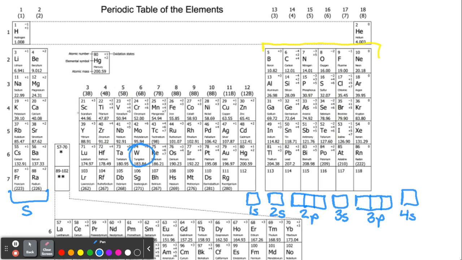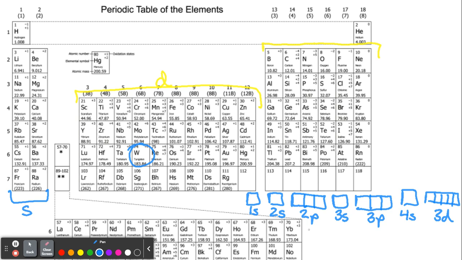After 4s, now we're moving into the D block. And remember that we haven't had any D orbitals yet, and it has to be therefore 3d. There should be 5 3d orbitals because there are 10 elements in 3d.